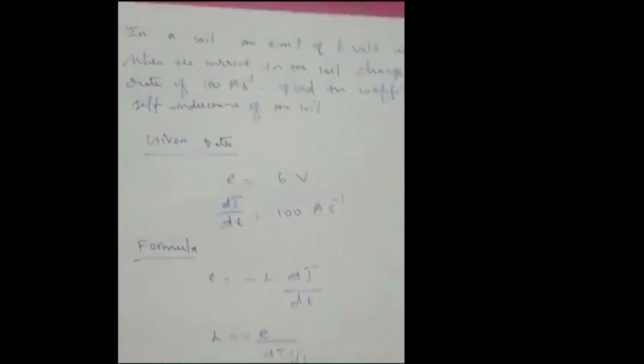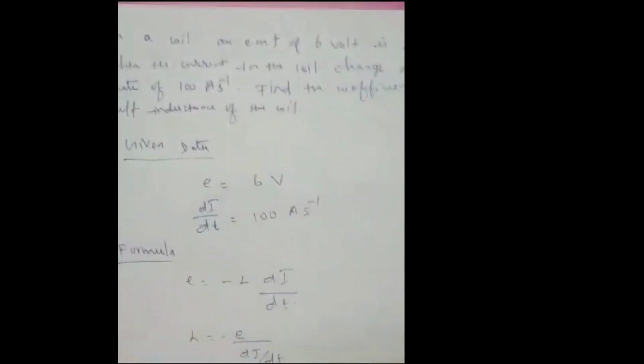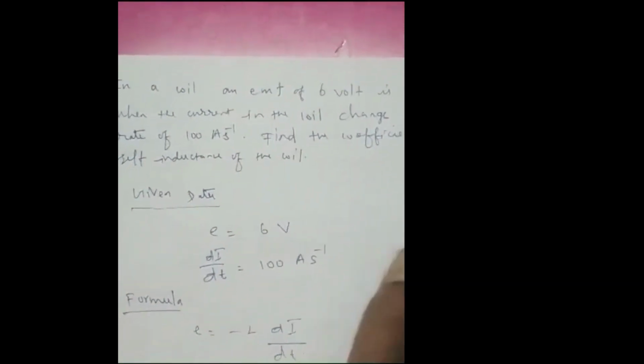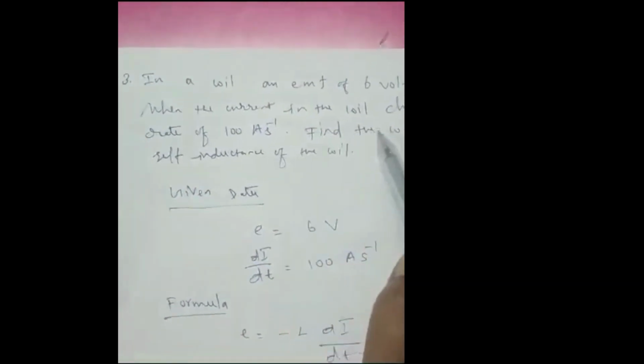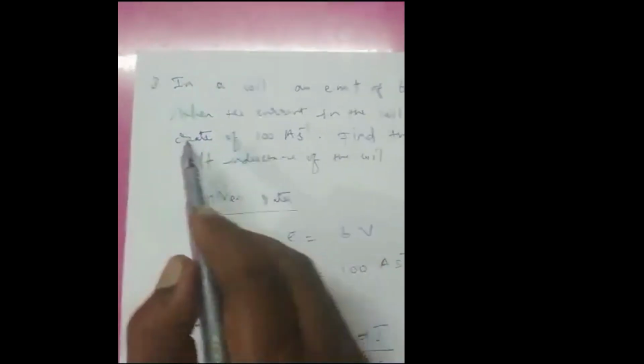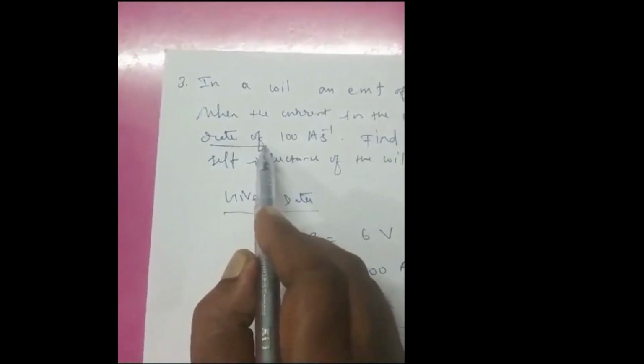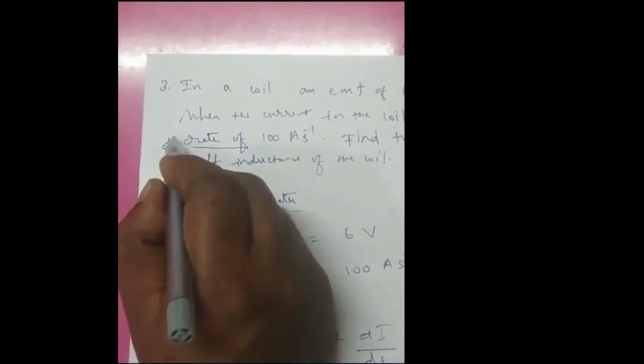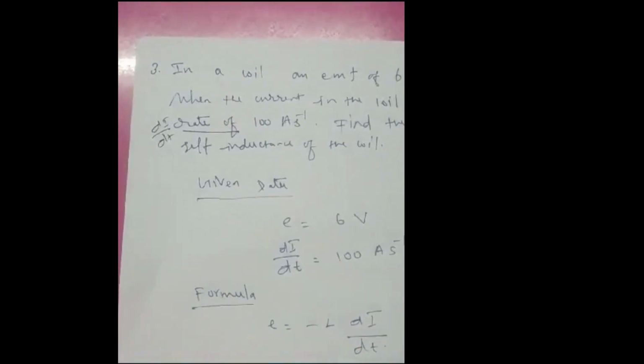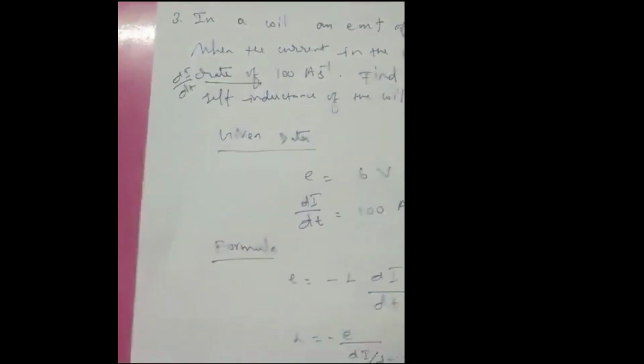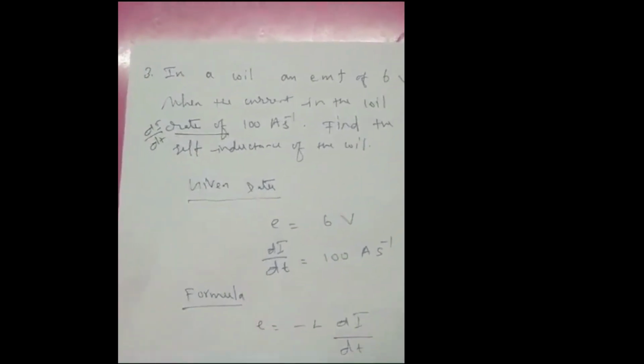In a coil, an EMF of 6 volt is induced when the current in the coil changes at the rate, so note it, di by dt, that is the important thing, 100 ampere per second. Find the coefficient of self-inductance of the coil.